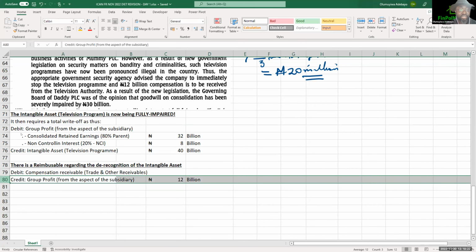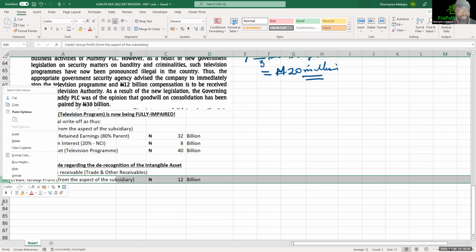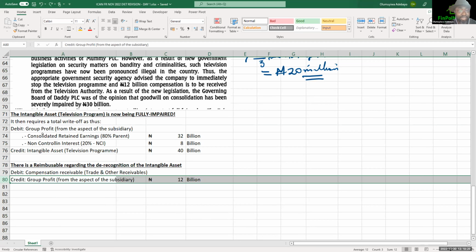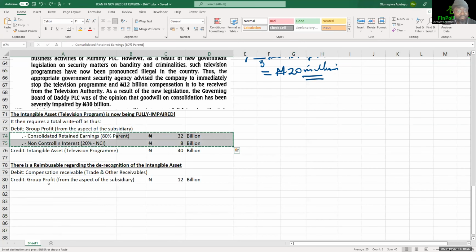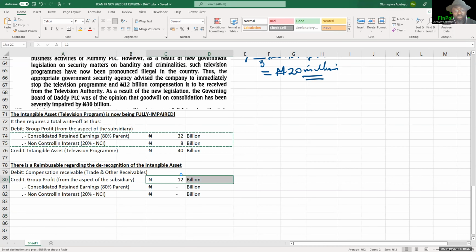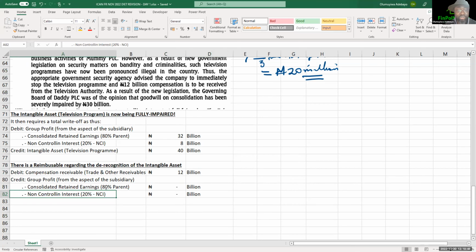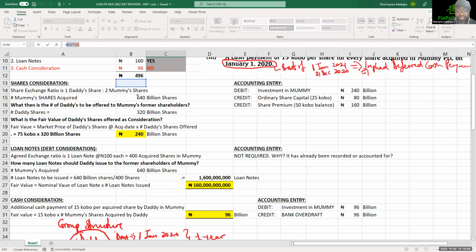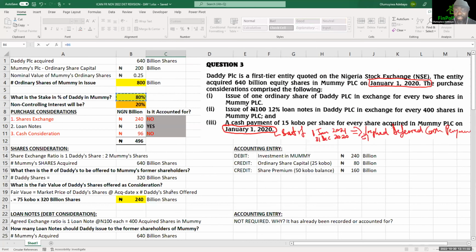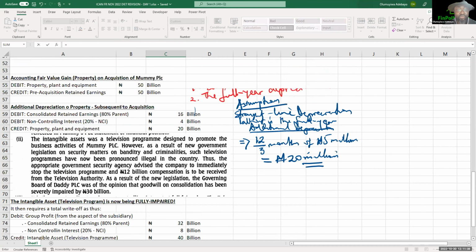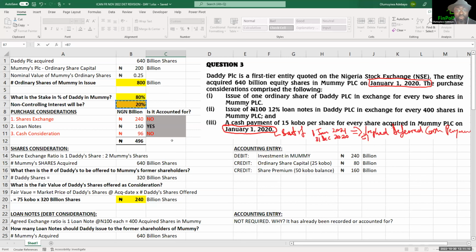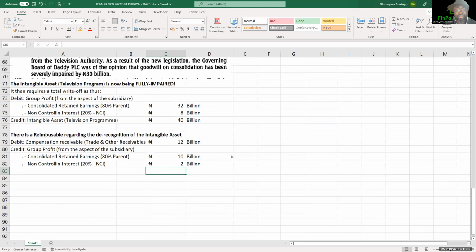And remember, this impact here, which is a credit to our profits coming from the subsidiary, will be shared between the parent and NCI. In what ratio? 80-20. Again, we'll come back: 80% of 12 and 20% of 12. And that is that.